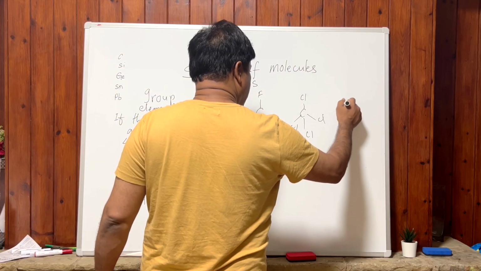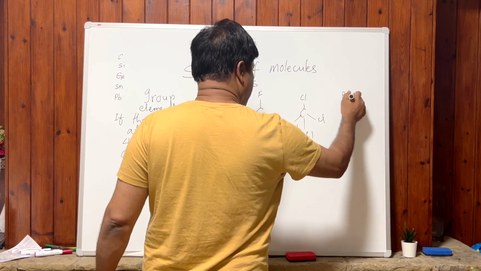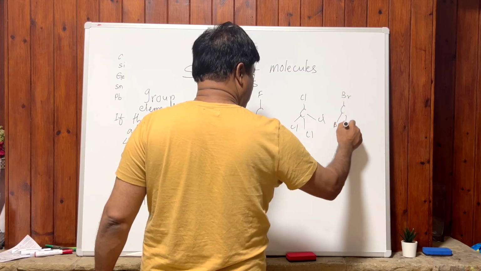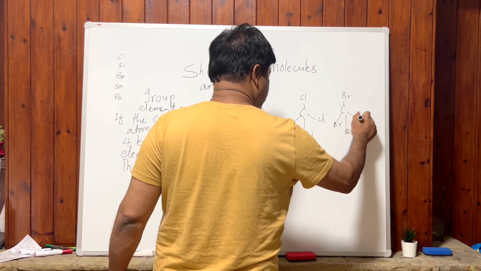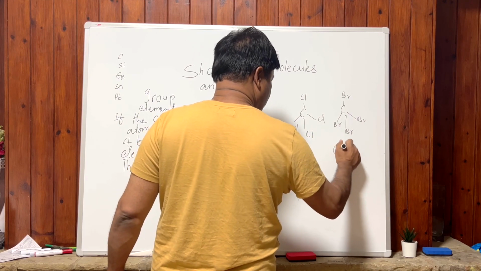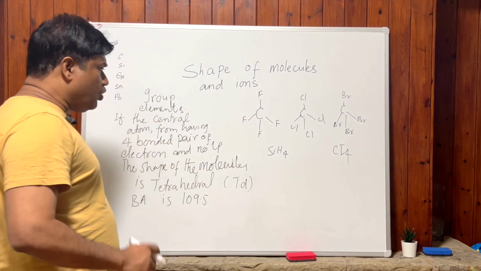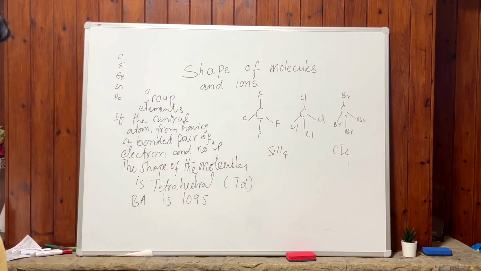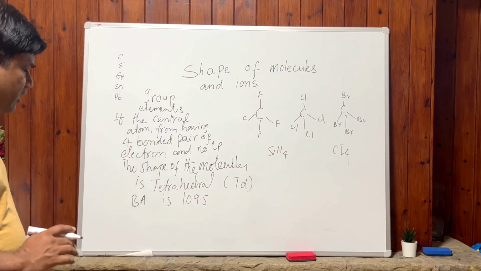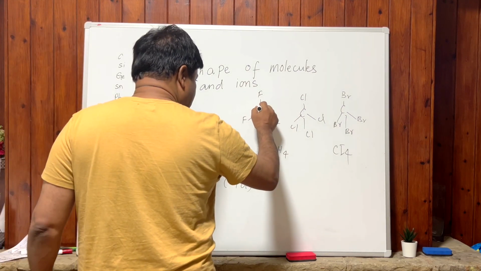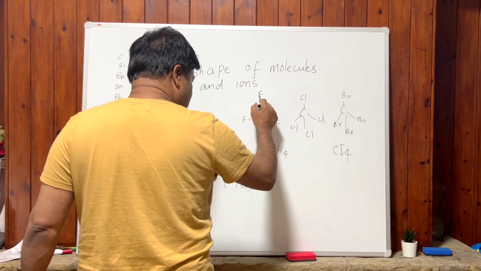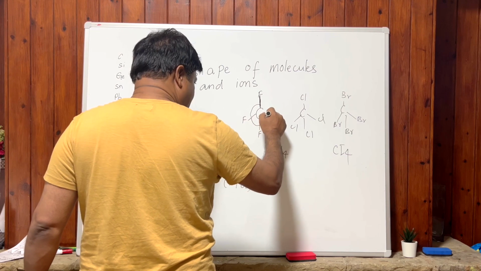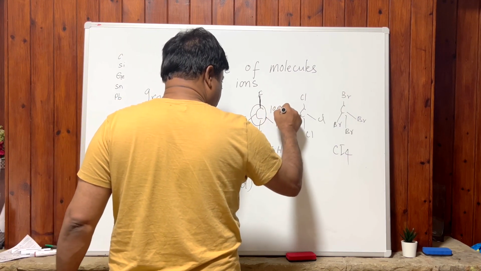Trichloromethane, dibromomethane, diiodomethane. All of them have bond angle 109.5, perfectly tetrahedral, and this angle, this angle, that angle, all are 109.5.